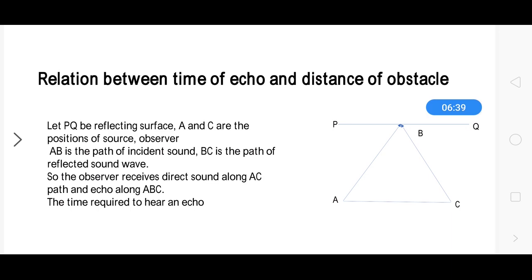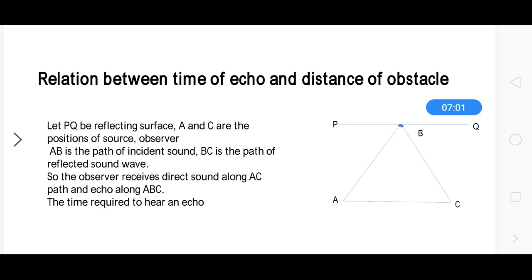So the direct sound path is AC and the echo path is ABC. Am I clear? Direct sound is along AC and echo is along ABC.